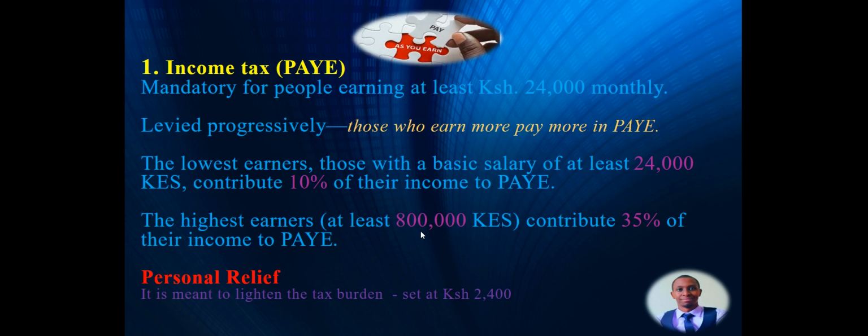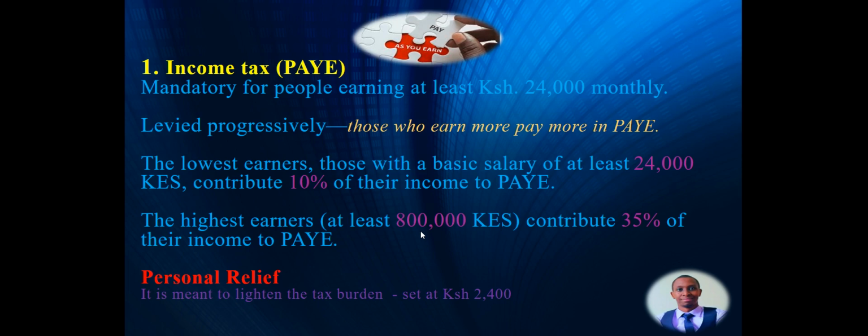In this case, the lowest earners, those earning at least 24,000, contribute 10% of their income to PAYE per month. The highest earners, currently at least 800, and the people in this band contribute 35% of their income to PAYE every single month.